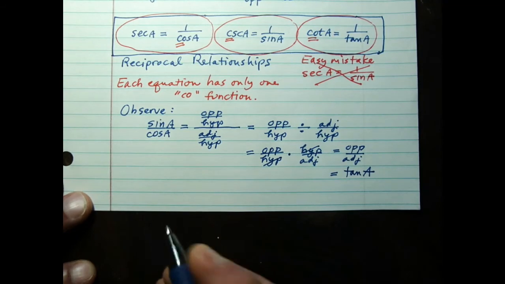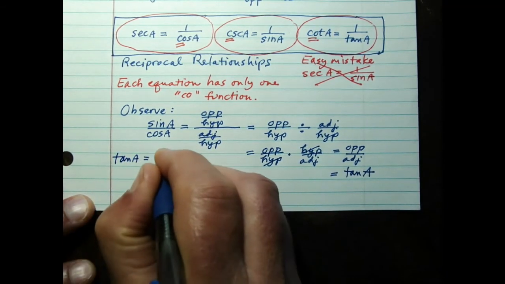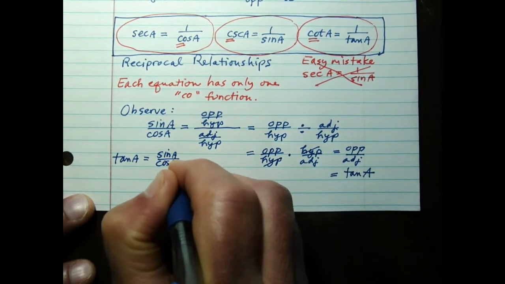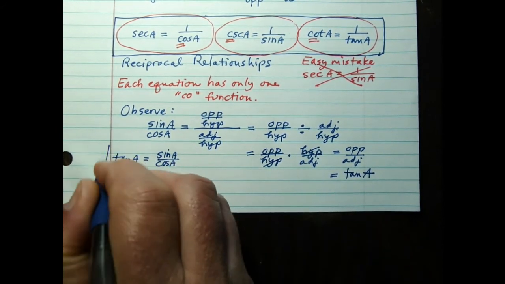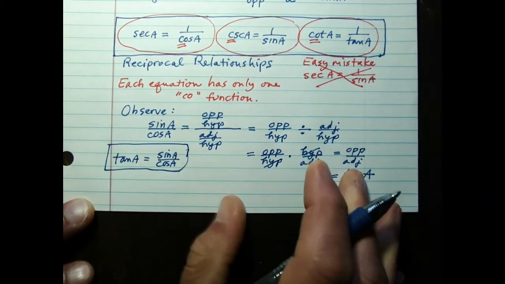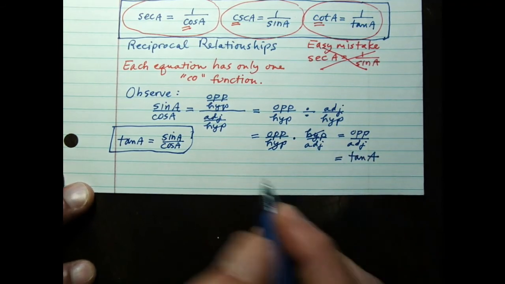So tangent A is equal to sine A over cosine A. That's a useful relationship to know. Tangent can actually be expressed using sine and cosine. We have two different ways of thinking of tangent.